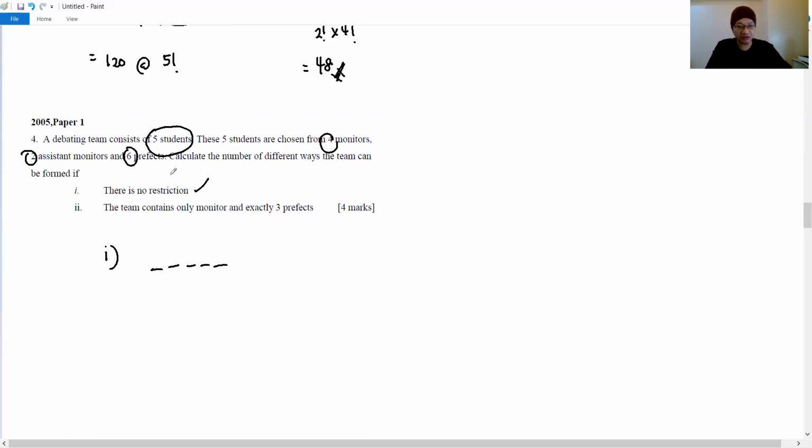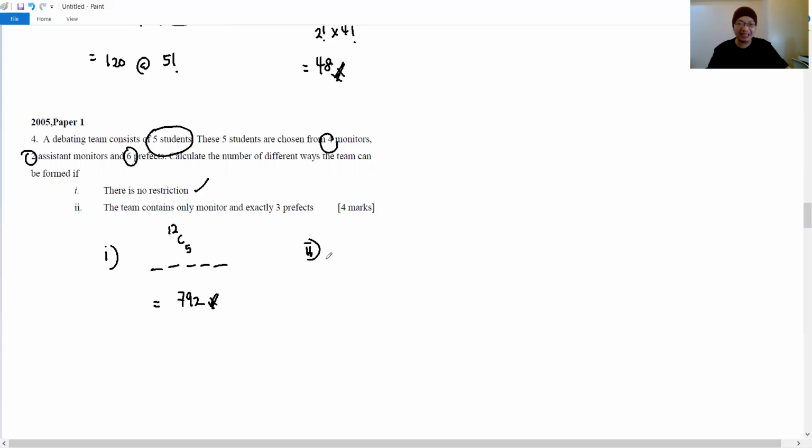Because the question says no restriction, that means 12 available people, we want to choose 5 places. So 12C5, then you got the answer. So 12C5, the answer is 792. 792, right? Settle. First question, 1 mark only.